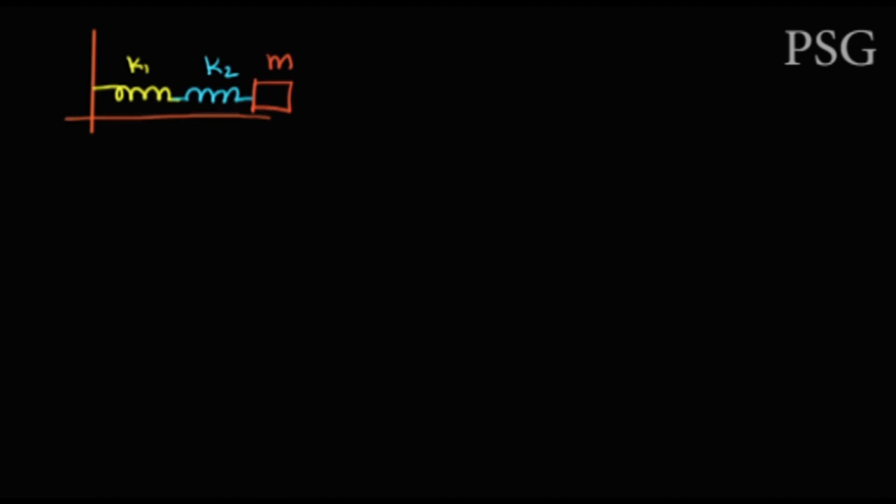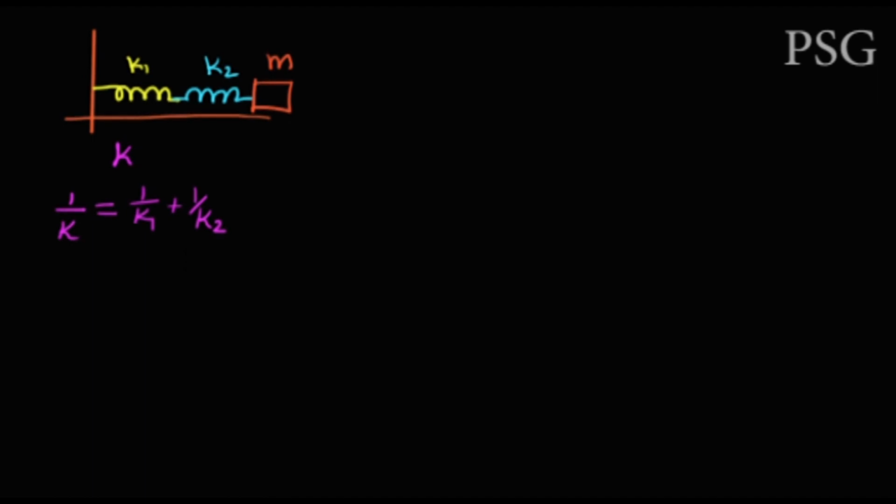So for this combination, what is the effective spring constant? Let k be the effective spring constant, then 1 over k is equal to 1 over k1 plus 1 over k2.